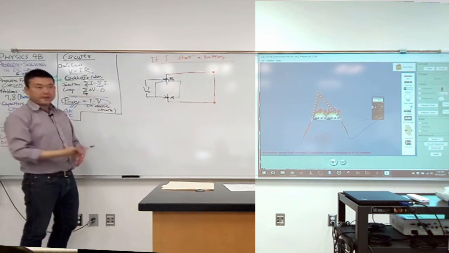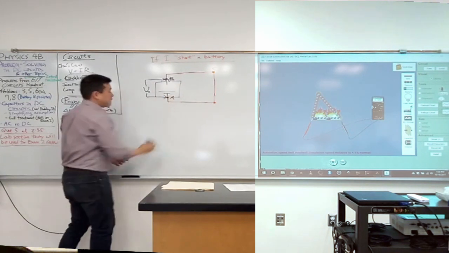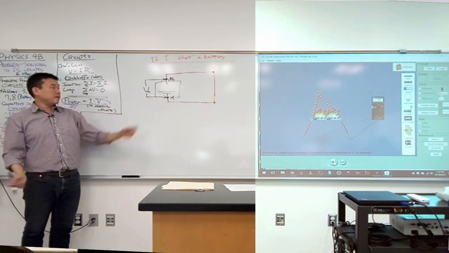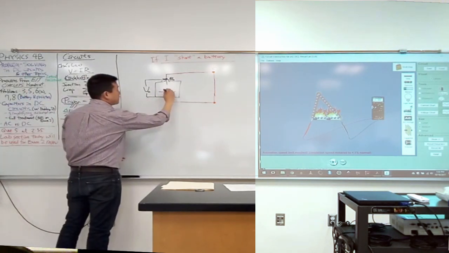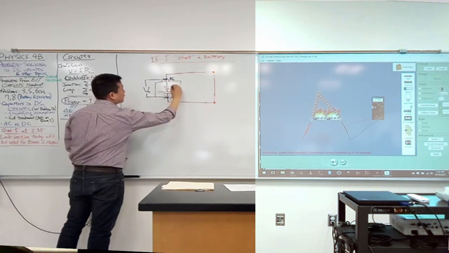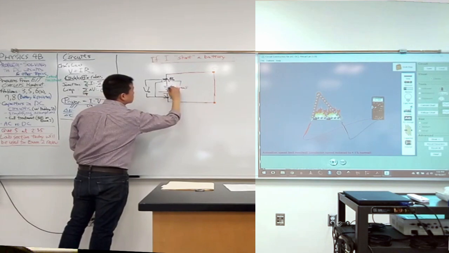Instead, we model it as an ideal battery in series with something that's non-ideal. The part of the battery that's non-ideal is that it does not have zero resistance. It has some quantity of internal resistance.